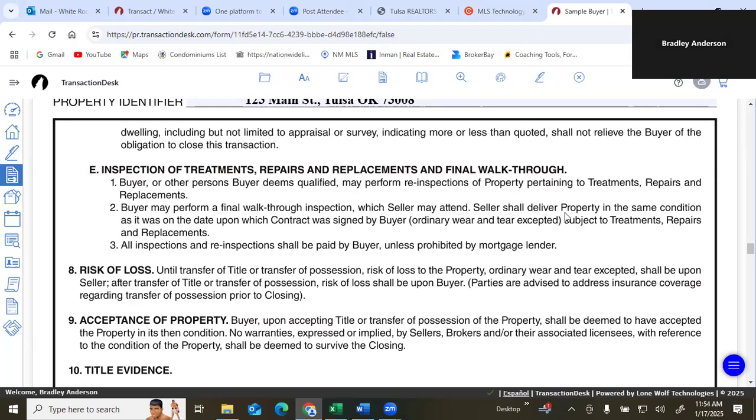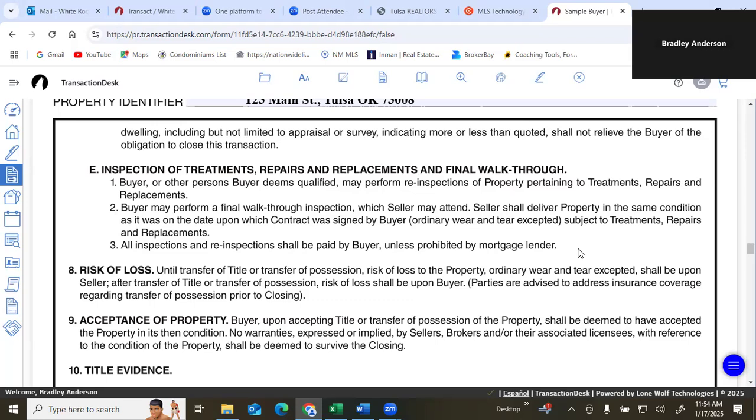Seller shall deliver property in the same condition as it was when the contract was signed. Okay, ordinary wear and tear excluded, subject to whatever repairs they made. And then lastly, all inspections and reinspections shall be paid by the buyer unless prohibited by a mortgage lender. So that might be an FHA or a VA loan.